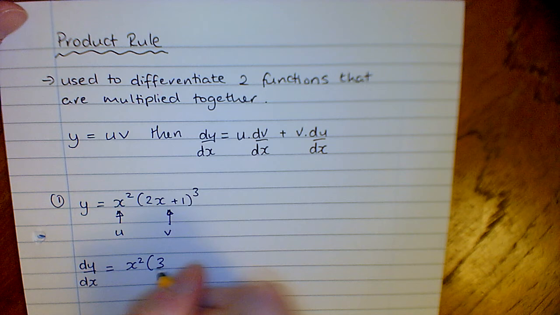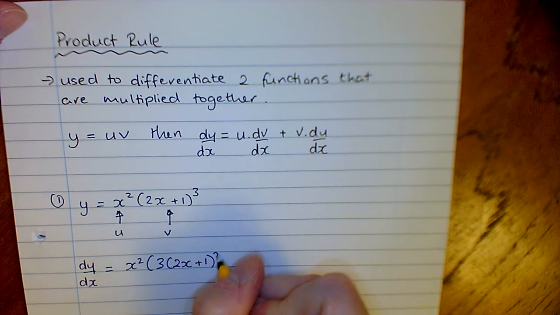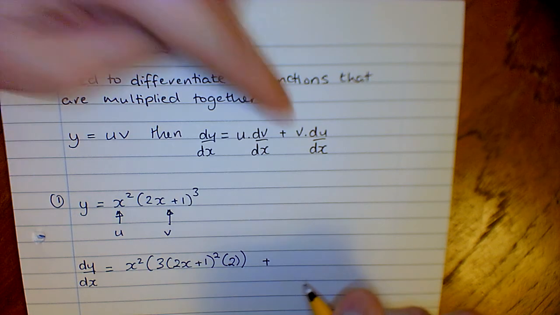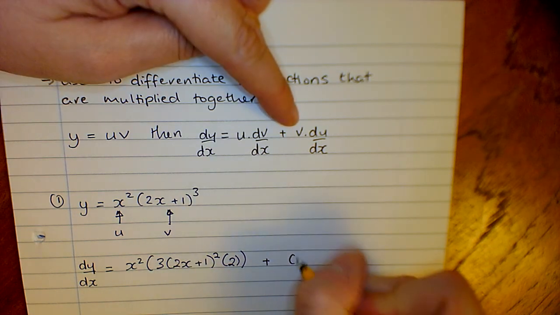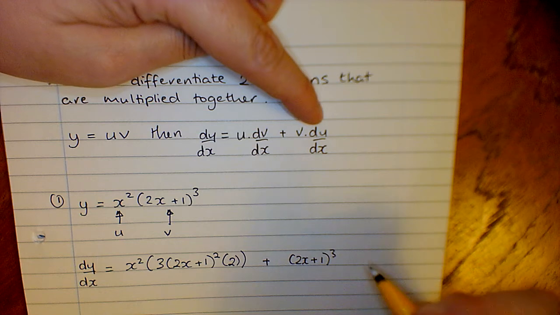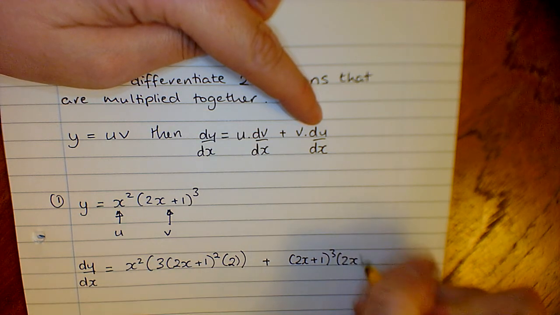So it would be 3 upon (2x plus 1) all squared, then differentiate inside the bracket, times 2. Plus v, so that's our big bracket, times differentiate now u. So differentiate x squared and we get 2x.